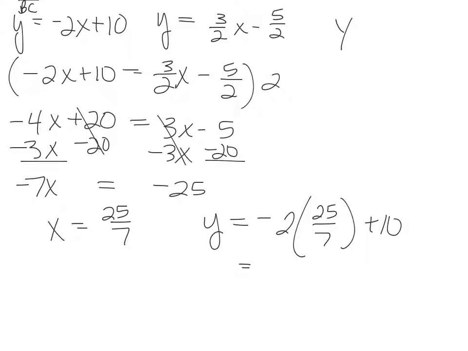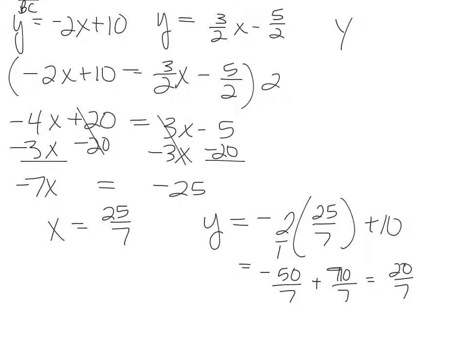Negative 2 times 25 over 7, just carry over, it's like multiply straight across the numerator and the denominator. Negative 50 over 7 plus 10, which would be 70 over 7. And that gives us 20 over 7.